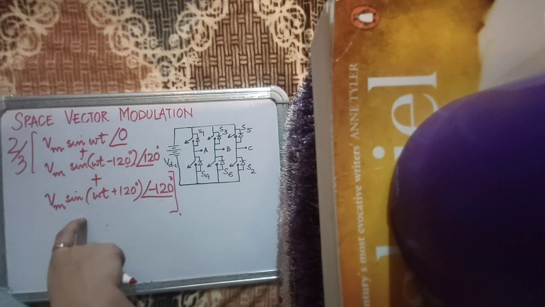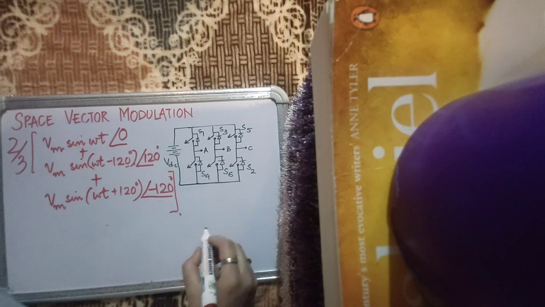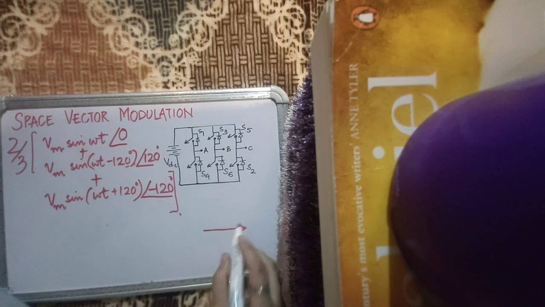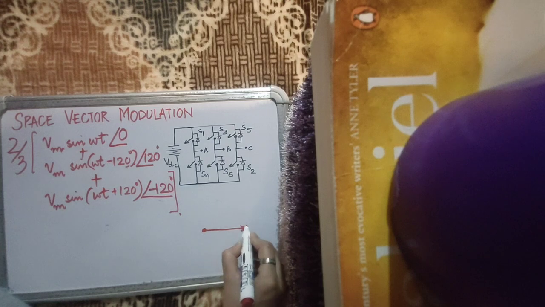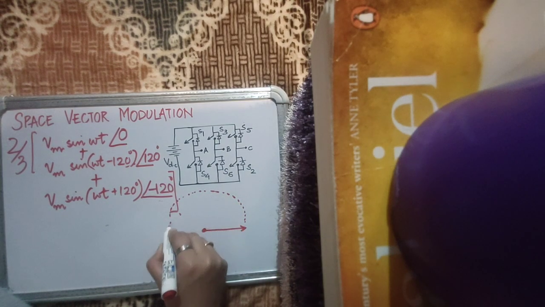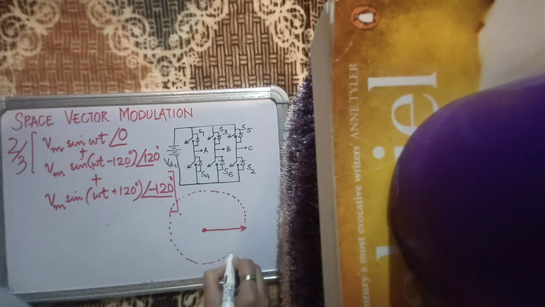So when you add these three voltages through this equation, it generates a voltage space phasor, which has a fixed magnitude and it rotates counterclockwise like this.